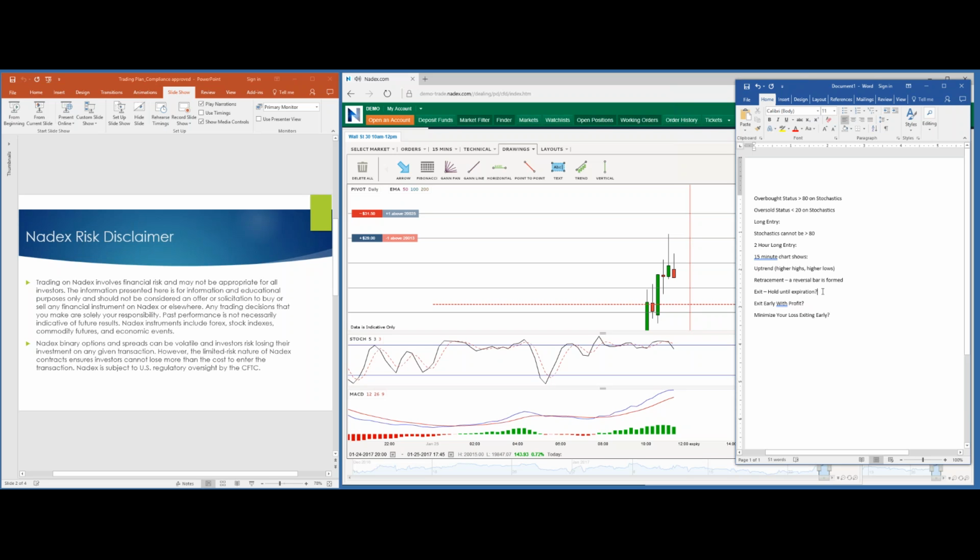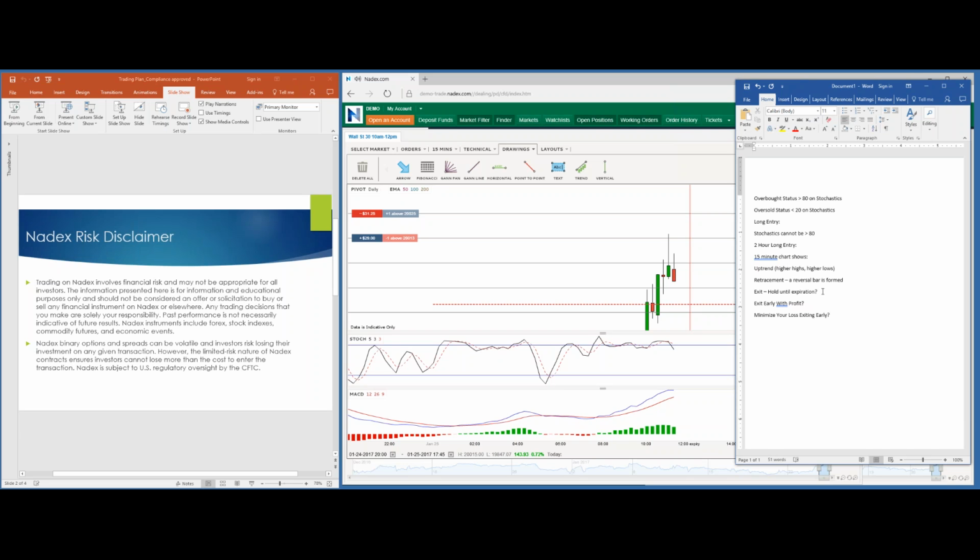Size of account. I think your size of account should come into play before you ever enter a trade. If you have, let's say, a $5,000 account, then you have to say, okay, I'm only willing to risk X amount of dollars on any trade. I don't think it's something that comes in after the fact.